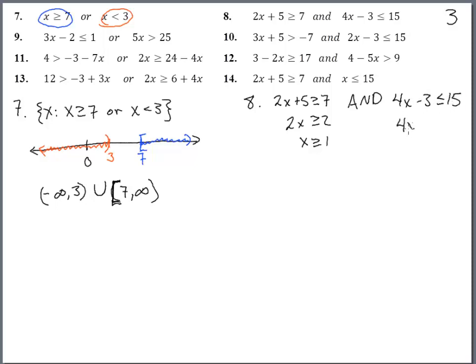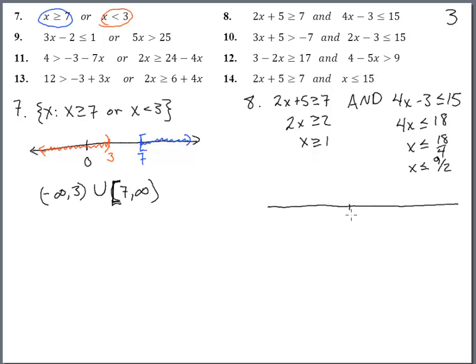It gives us 4x is less than or equal to 18. Divide by 4 and we get x is less than or equal to 18 fourths, which is the same as 9 halves. So here we could write the solution as that and that, but as we look at the graph, I think we'll see a little bit easier way to write it.